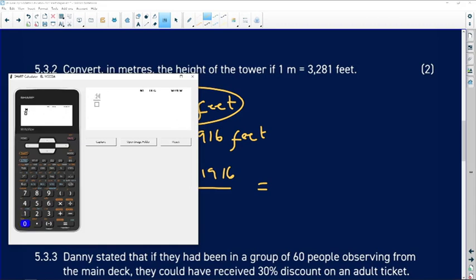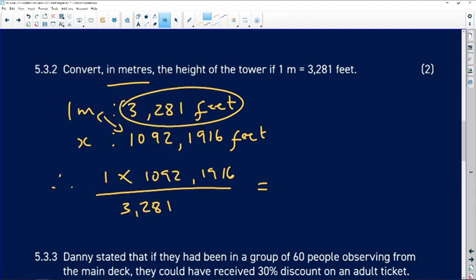Don't walk into a mathematical literacy exam without a calculator. You're also not allowed to borrow calculators in an exam. So that is 332.